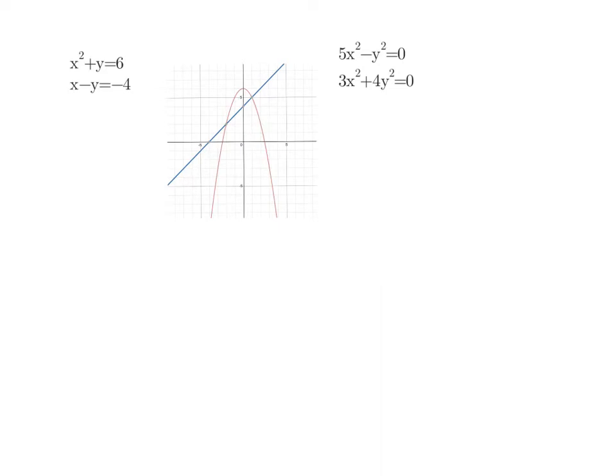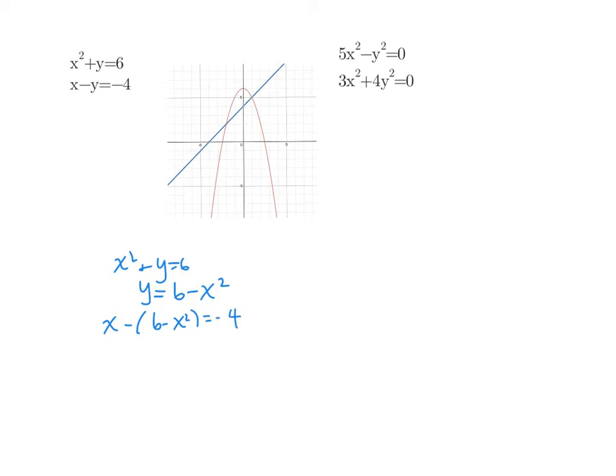There's not just one way to do it, but we could solve by substitution. For x squared plus y equals 6, we can just isolate our y. We get y equals 6 minus x squared. Then x minus (6 minus x squared) equals -4.